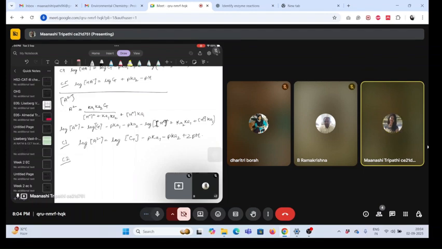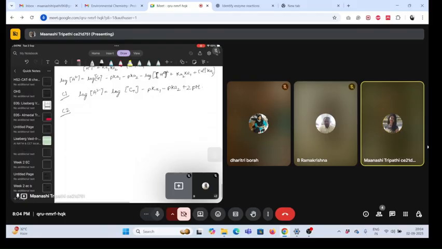Coming to case 2, pH is within the interval of 1 unit either side of pKa, means in this portion.